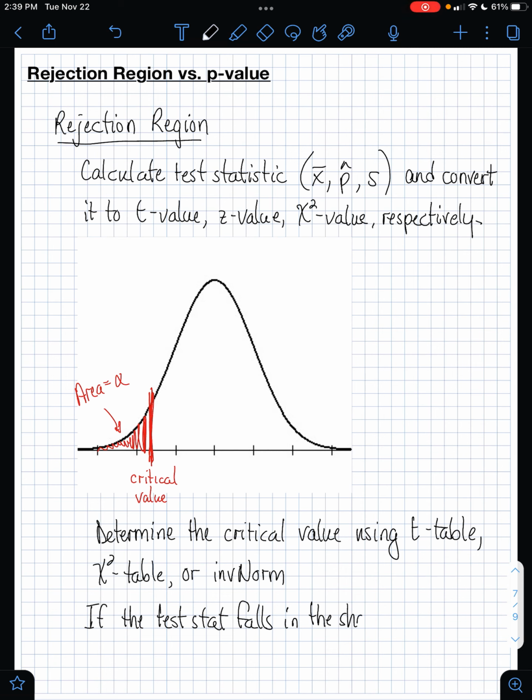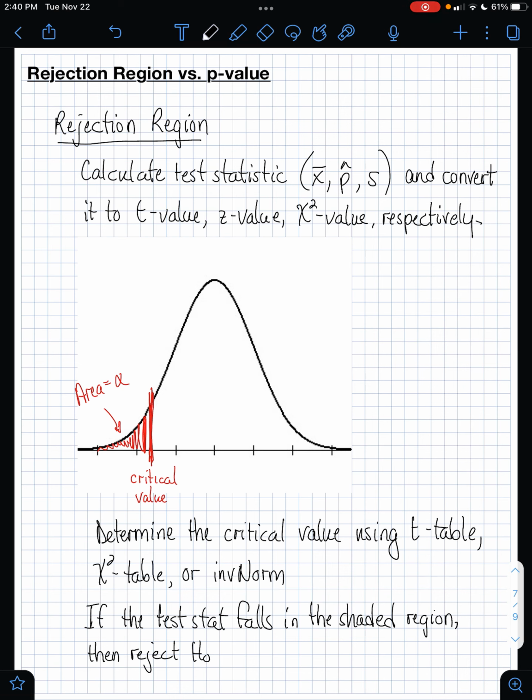That shaded region represents something that is far enough off from the claimed value to suggest strongly that the claimed value is incorrect. So if the test statistic falls in the shaded region, then we will reject H sub 0.